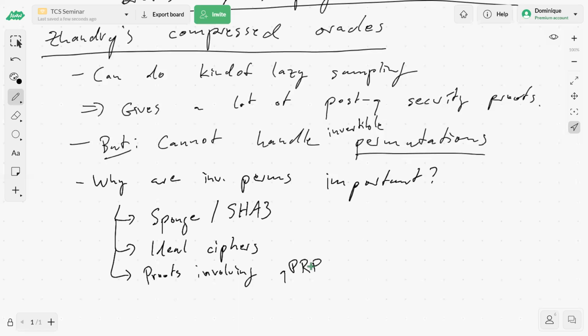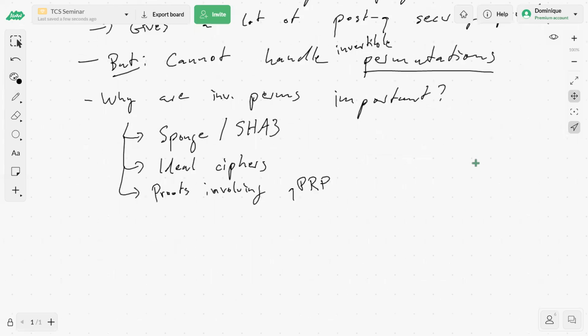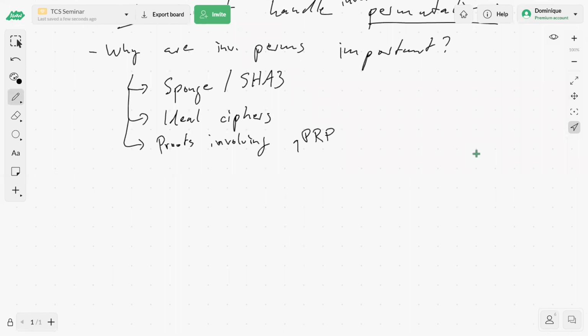And if this replacement gives you a random permutation and you have no tools to handle random permutations, then you are stuck in the proof. So I think that this technique is also very useful if we want to do security proofs that use QPRPs. So-called strong QPRPs give access to the inverse.